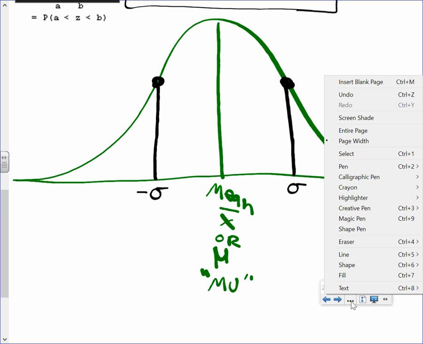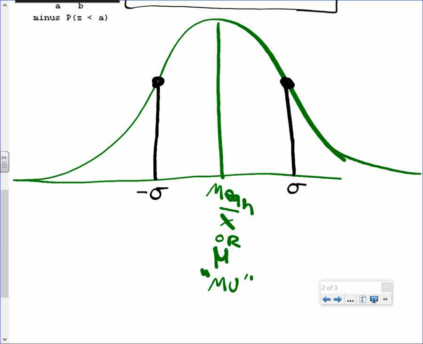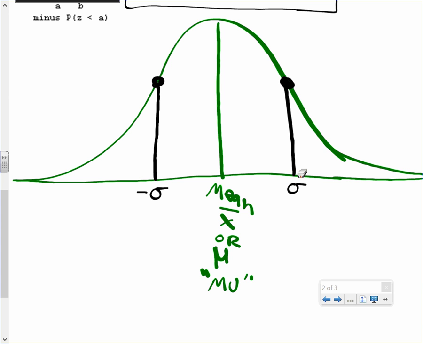Tighten that up. All right. Watch this now. The same distance, I'm just going to eyeball it, from the mean to the first standard deviation below, about the same distance, I'm going to put another line there.